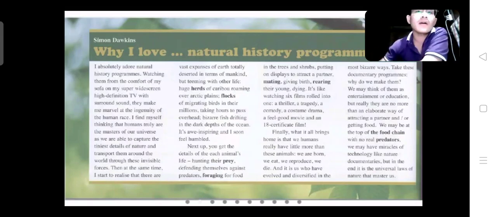So now we go to read this piece of reading and we scan for the answer. We find the reasons. I absolutely endorse natural history programs, watching them for the comforts of my.